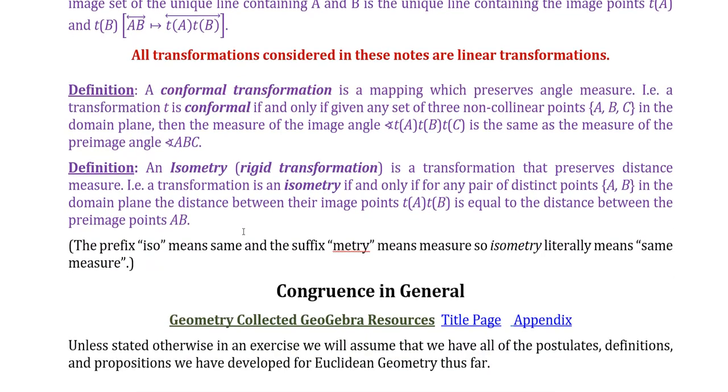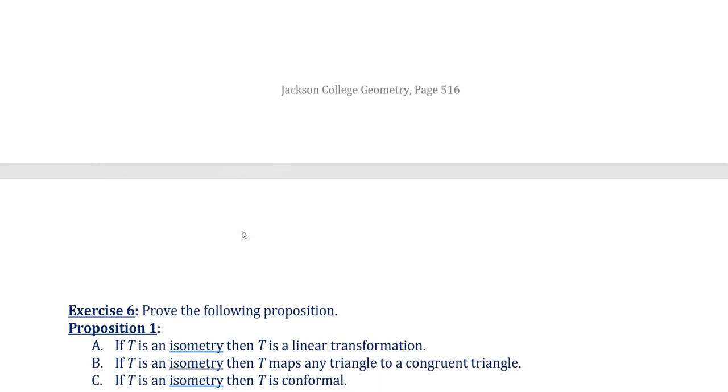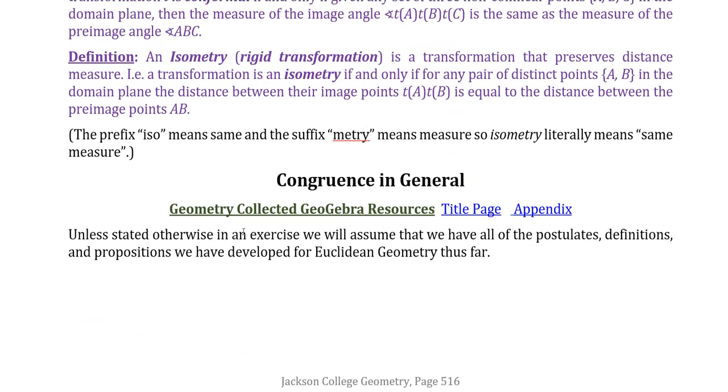Now, so far in our study, the way we've been doing it in my class, when we've been talking about congruence, we've done it in a real ad hoc way. We talked about congruence of line segments first, just saying they had the same measure. Two angles were congruent if and only if they had the same measure.